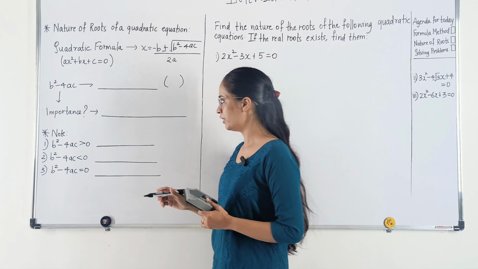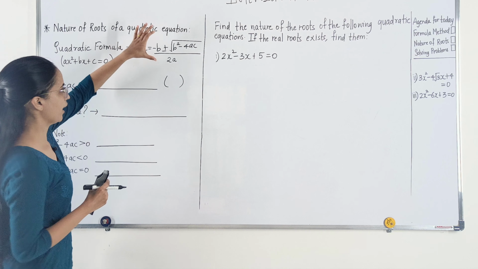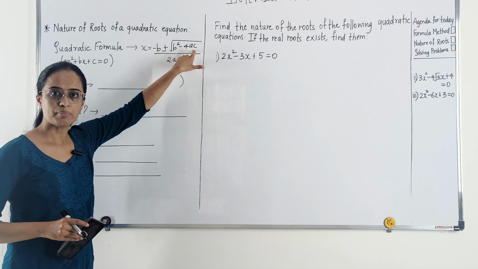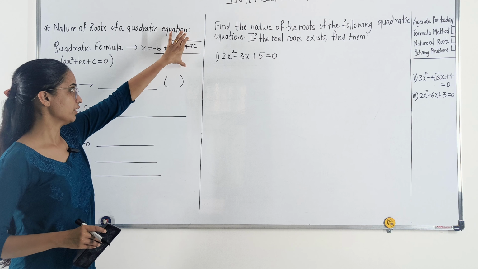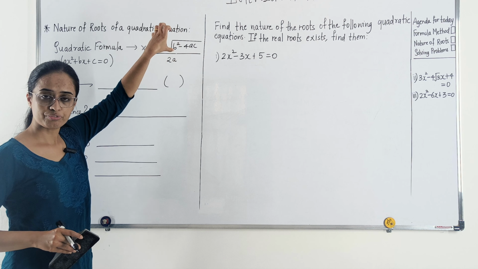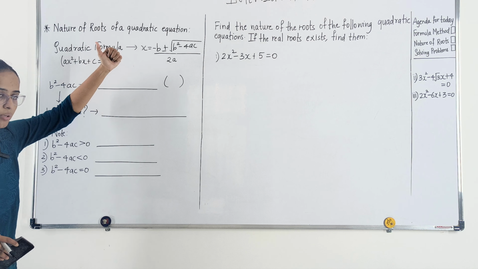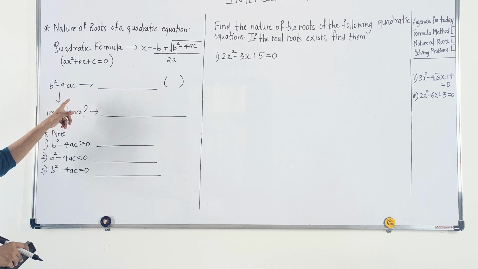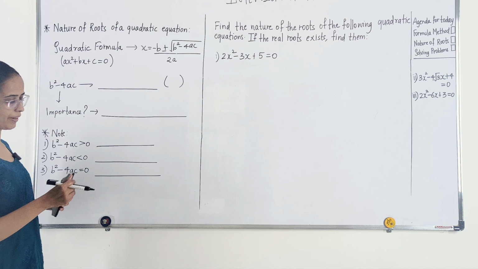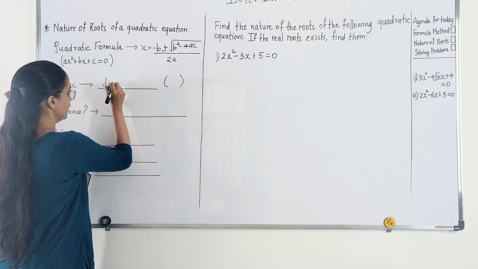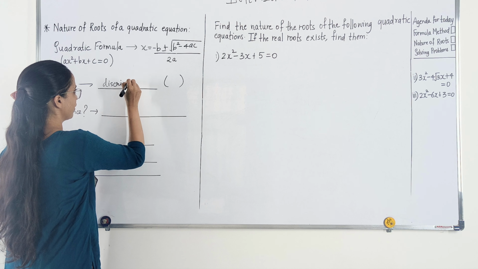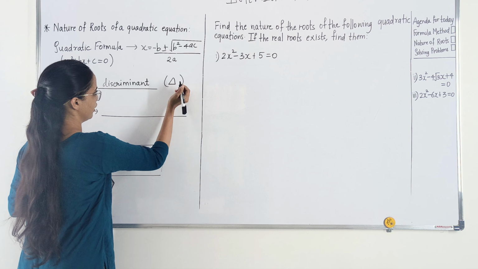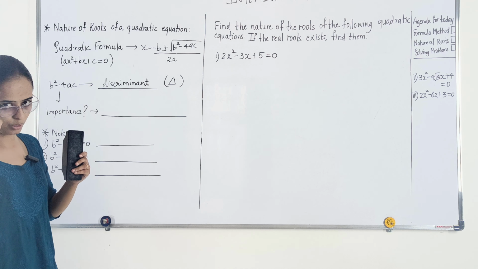Now, here if you see in this formula, we have a term b square minus 4ac, and the main purpose of this term is to actually determine the nature of the roots of the quadratic equation, and that is why this term b square minus 4ac is called the discriminant, and it is denoted by the symbol delta, that is a small triangle.